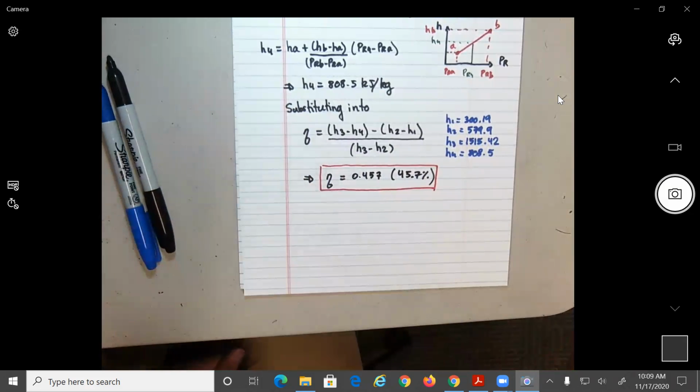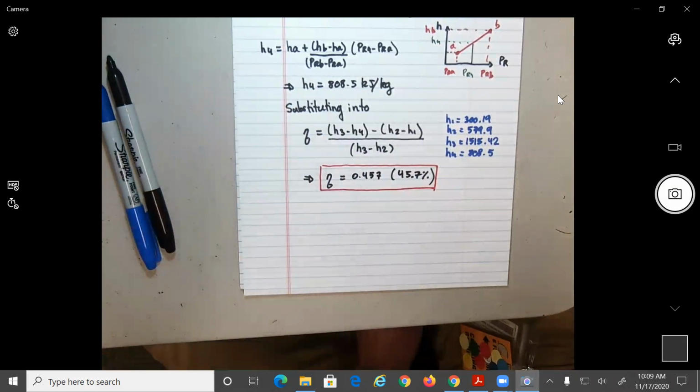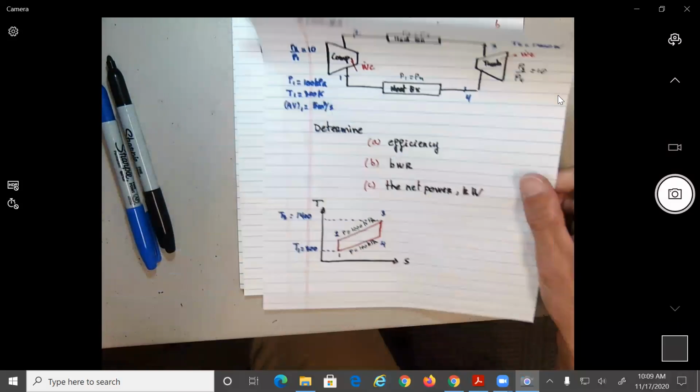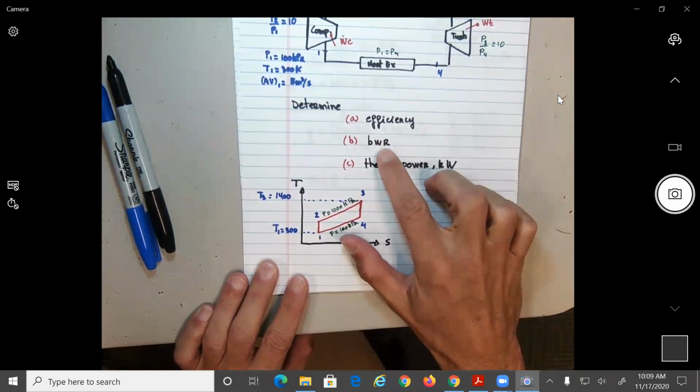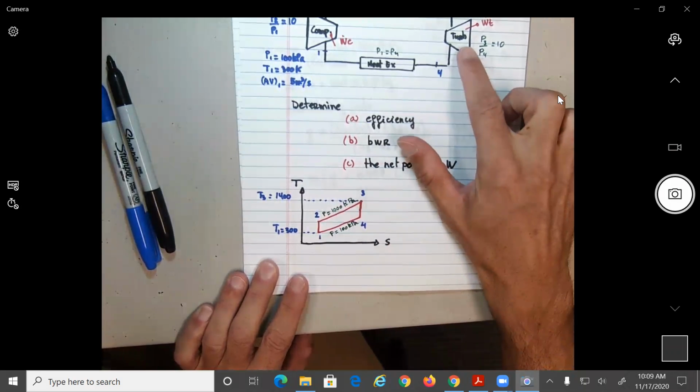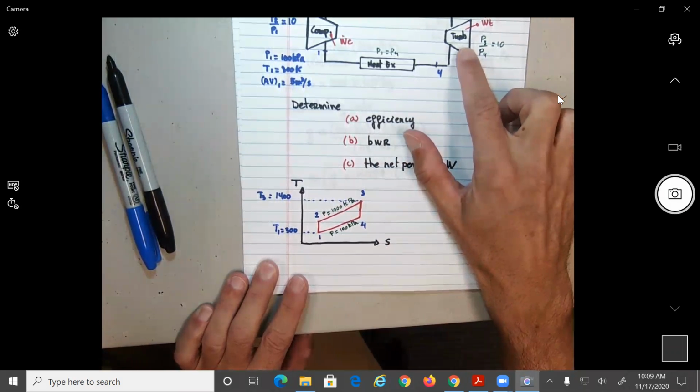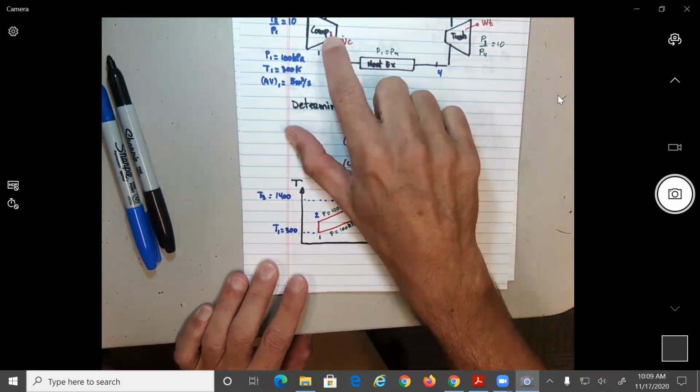All right. So the next thing we need to do in this problem is to find out. So now should be very quick. We have all the data. Out of this work, how much is the back work ratio? Is that how much of the power created by the turbine is used to run the compressor? Okay.